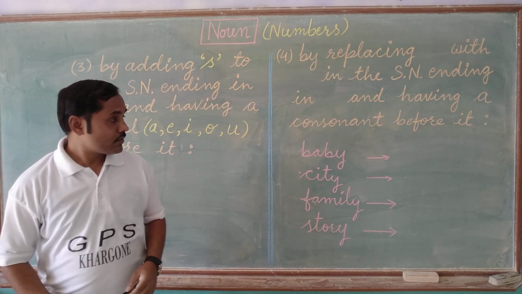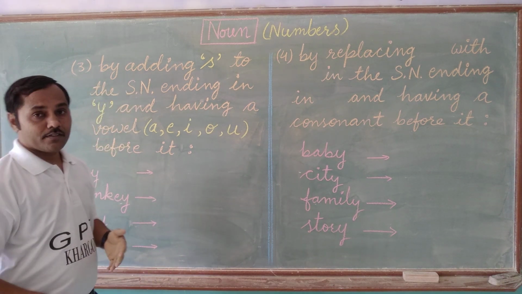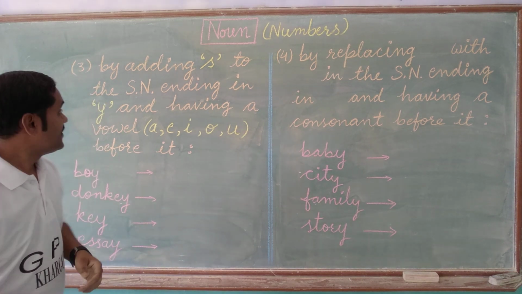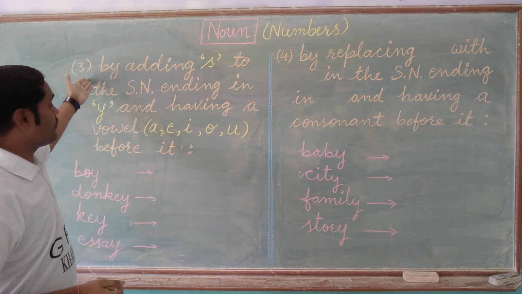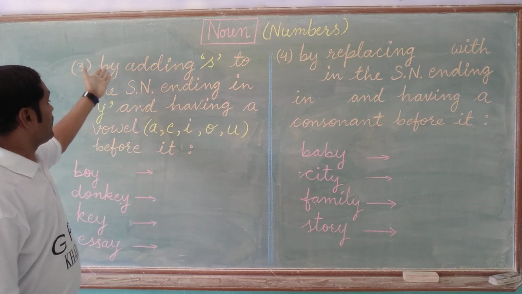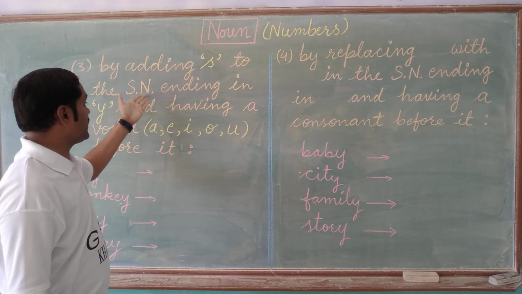Now let's talk about some further cases, some other situations where some other type of rules are followed. Yes. The third way of converting a singular noun to a plural noun is by adding S to the singular noun.